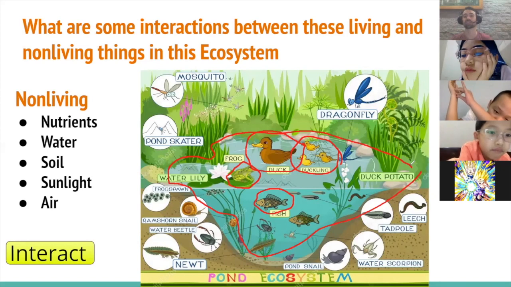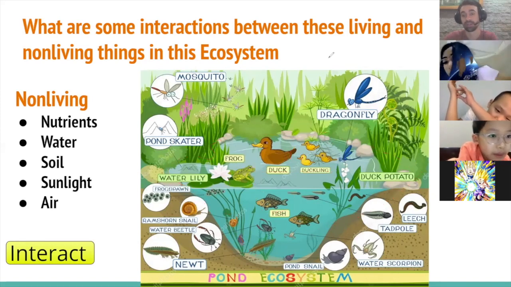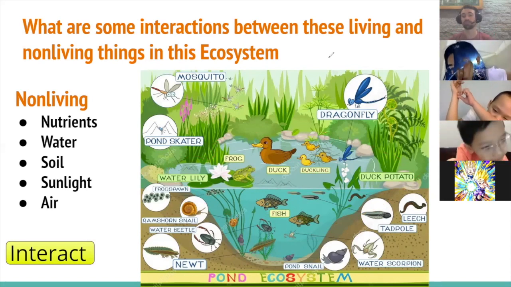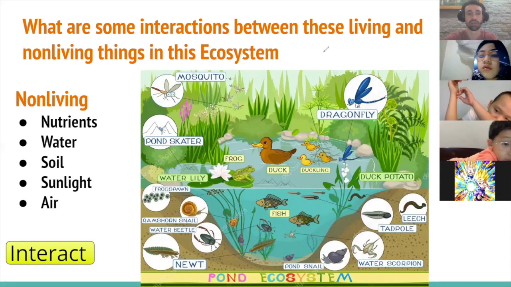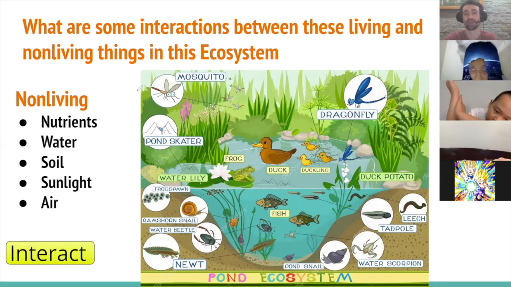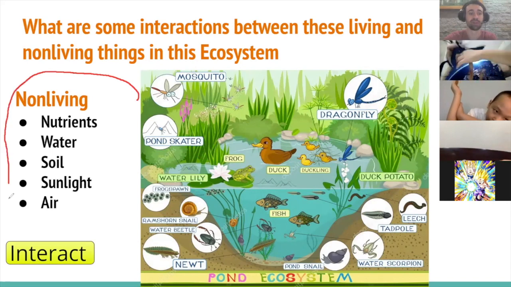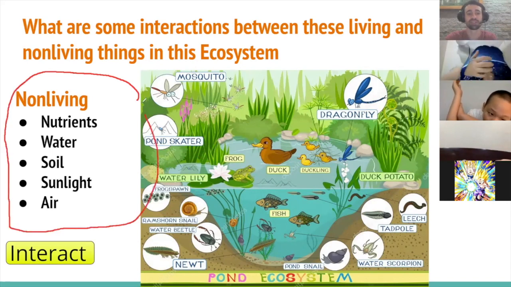And these interactions, you guys probably have heard the words like food web, a food chain, all those things that you guys have learned before, those are interactions, and that is what makes up an ecosystem. But don't forget about the non-living things. Everyone loves to talk about food chains and food webs, but these non-living things are just as important as the living things, okay?